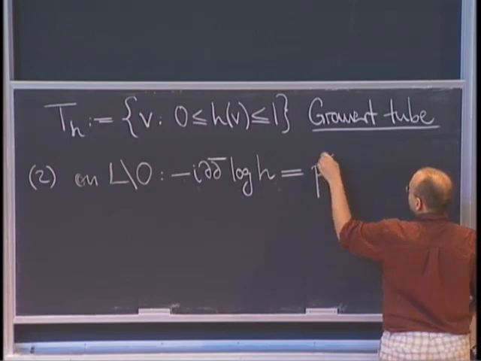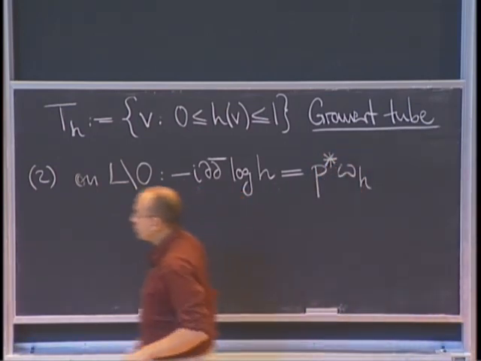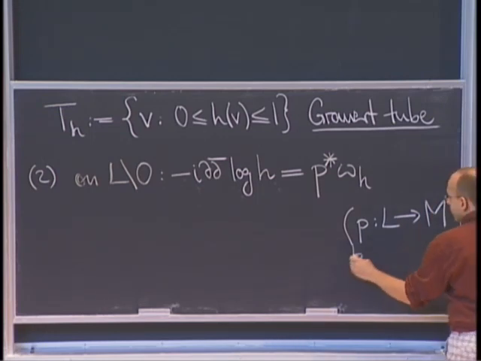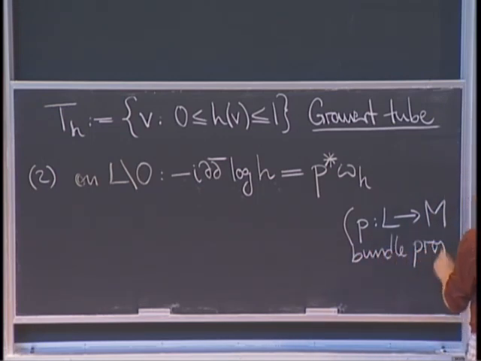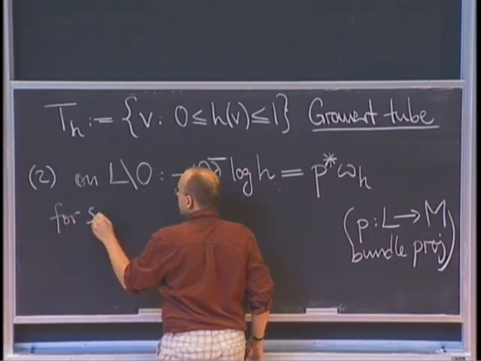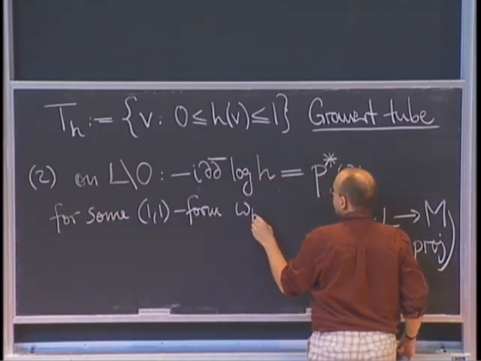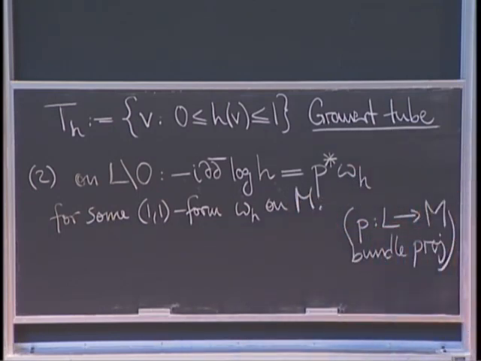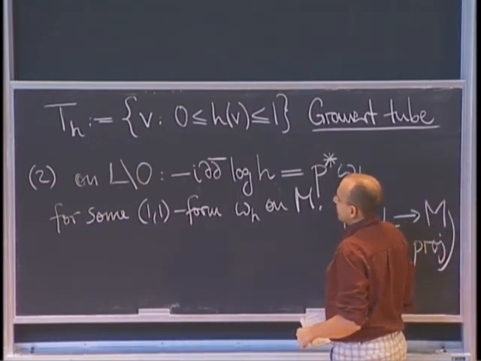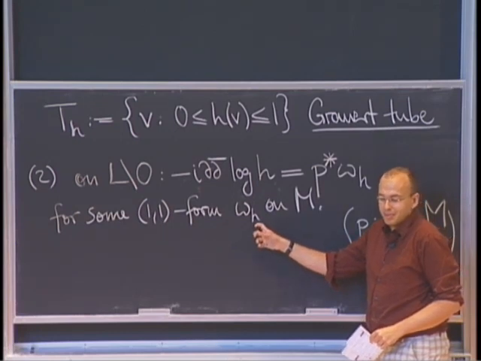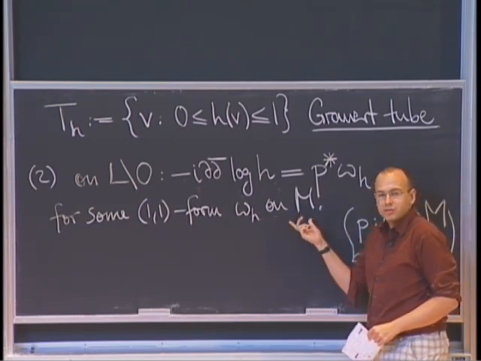So it's actually p star of omega H, where p is the bundle projection, for some (1,1)-form omega H on the base M. So the interesting thing about this form is that omega H, the one that lives on M, is going to be closed but not necessarily exact.